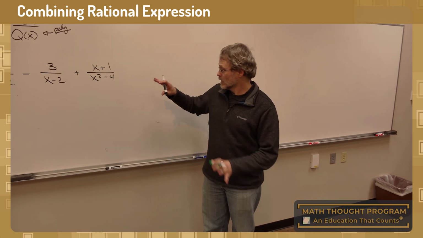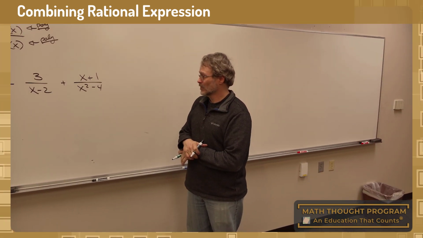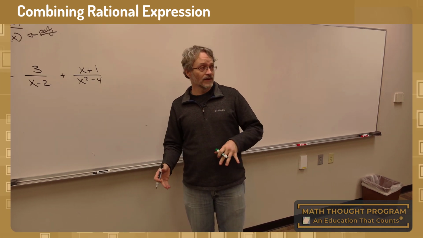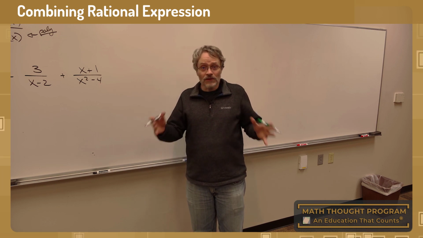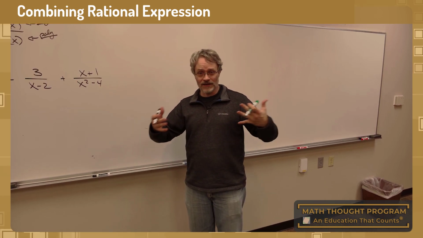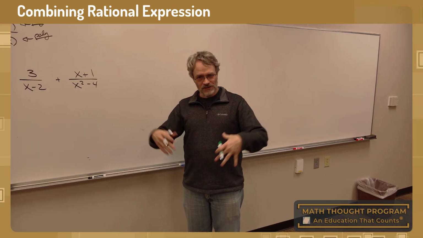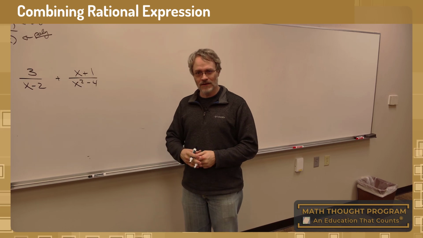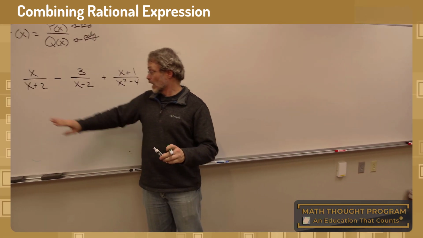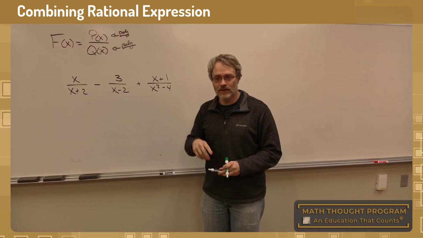Okay, so when I'm trying to solve this problem, once again, I want to inspect all the denominators and ask myself, what do they look like? Are there any commonalities between them that I can really use in my simplification process as I'm adding them up? Because once again, guys, I could multiply this by x plus 2 and x minus 2.